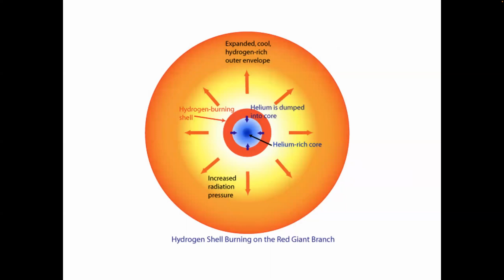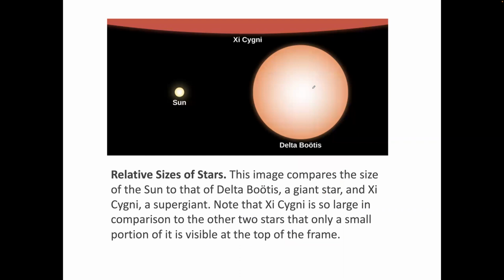When this hydrogen burning happens, it will increase the temperature in the core region. That increase will lead to the expansion of the star because of the increase of the radiation pressure. And once it expands, it will get cooled down. However, the temperature will decrease, but the surface area will increase, and because of the increase of the surface area, their luminosity will remain the same, even though they are cool stars.